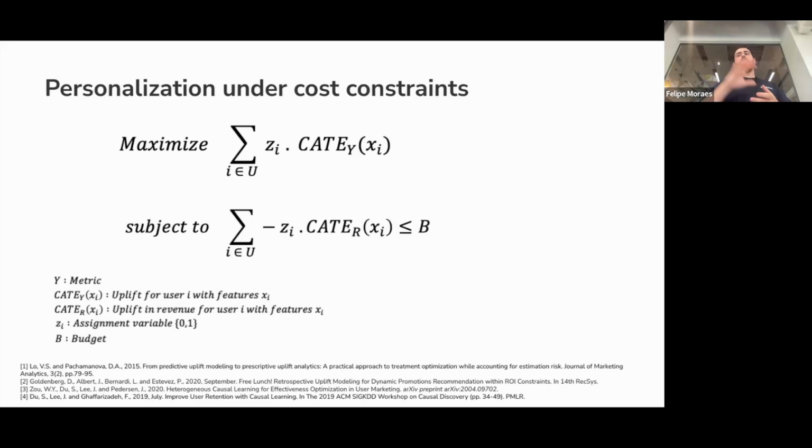And here I'm saying minus revenue, because if it's positive, you are making money, so you're not hurting the budget. And when the revenue is negative, that is when you are hurting the budget. So you just want the sum of the total loss you make to be below that budget.